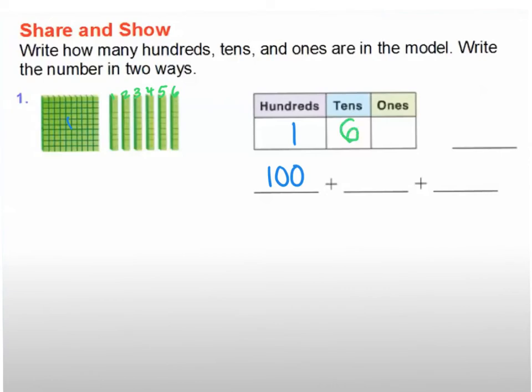And if we were to skip count, what would we get? 60. 6 tens is the same thing as 60. And how many ones do we have? None, so we put 0. So we look at our place value chart, and that helps us to put the numbers together to write it. Our number is 160. And in expanded form, it's 100 plus 60 plus 0.